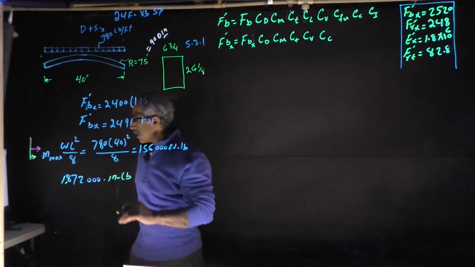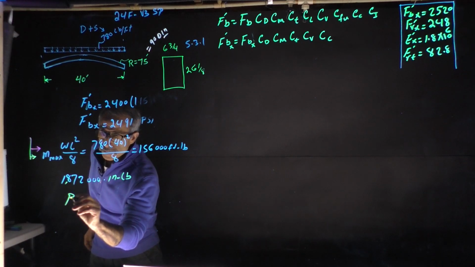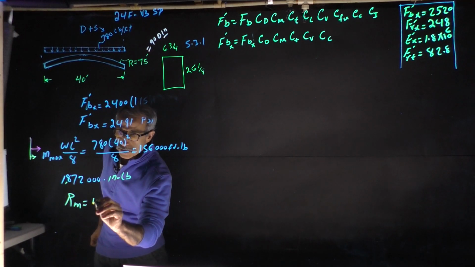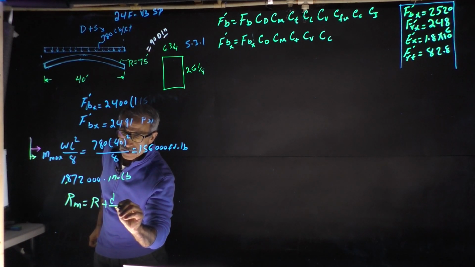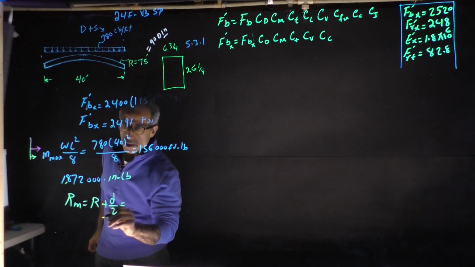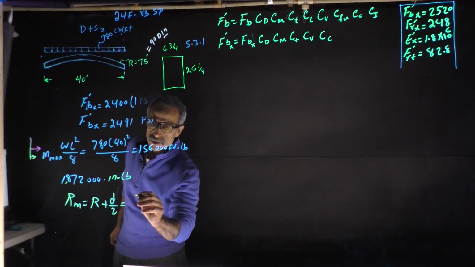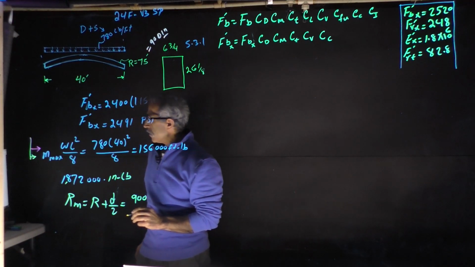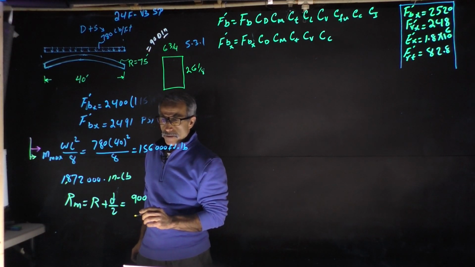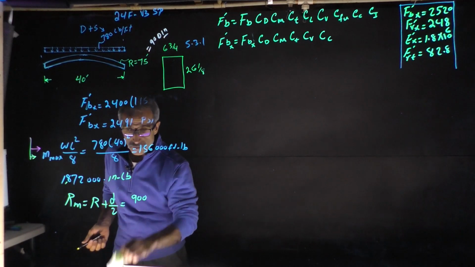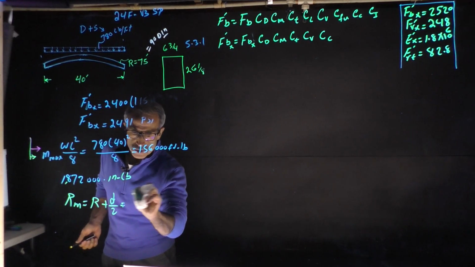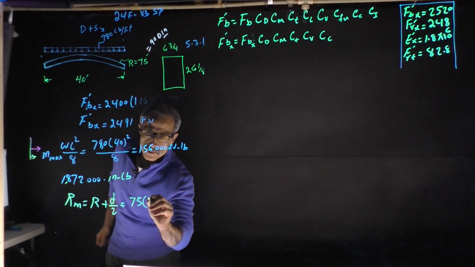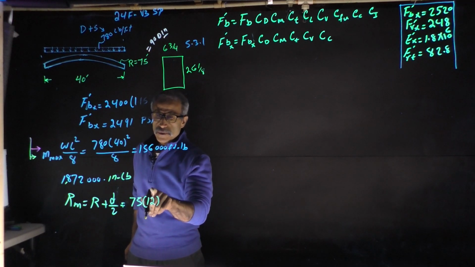What's the mid-depth radius going to be? They call that RM, and RM is equal to R plus D divided by 2, and R came out to 900 inches. If you don't know where it came from, let me clarify: it equals 75 feet times 12 to convert from feet to inches.